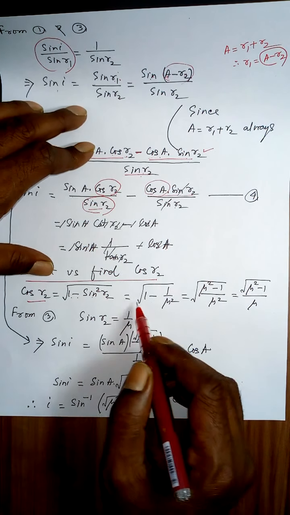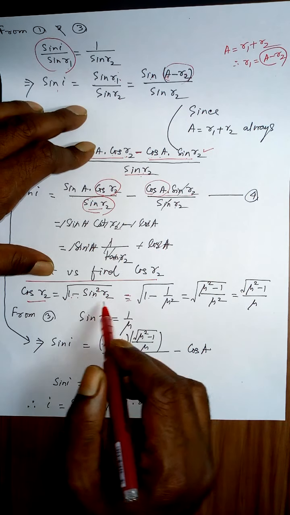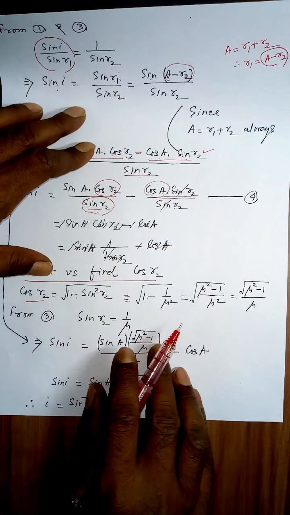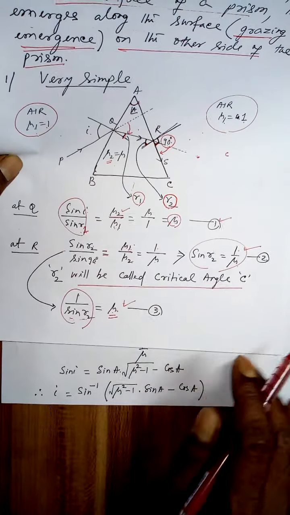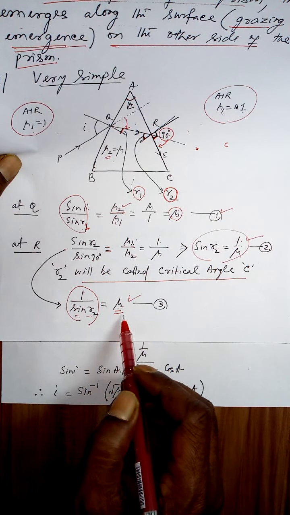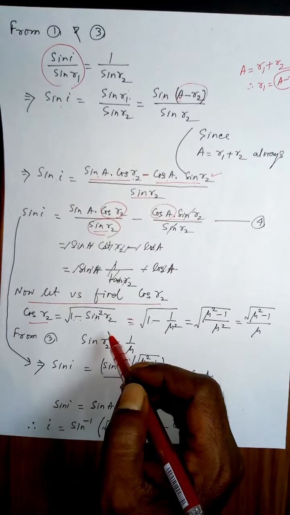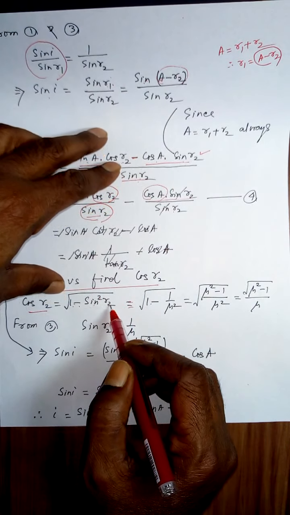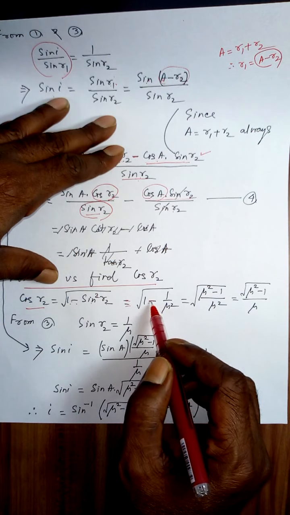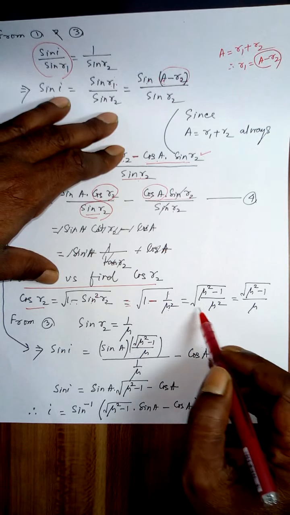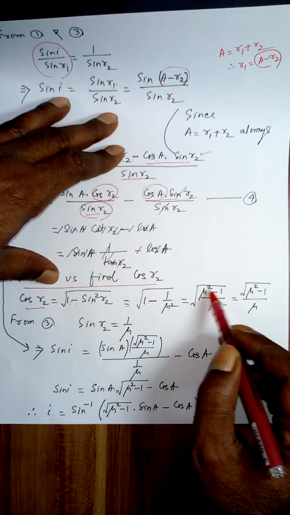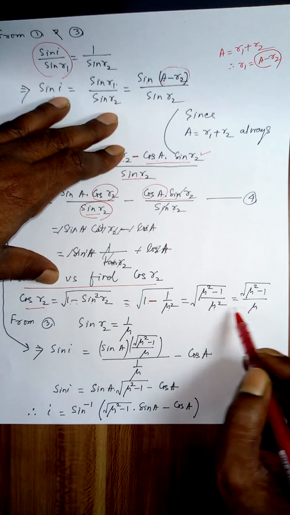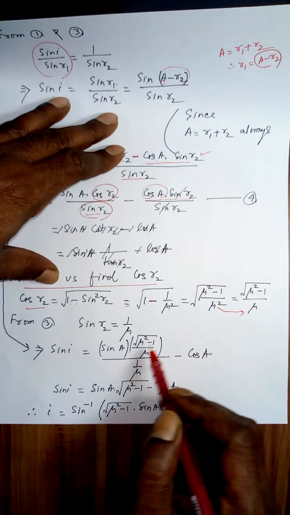Sine R2 is 1 over mu, so sine square R2 is 1 over mu square. LCM is mu square, so we get the square root of the numerator, mu square minus 1, over the square root of the denominator, so this becomes mu.